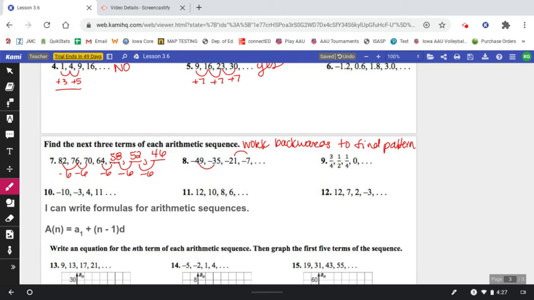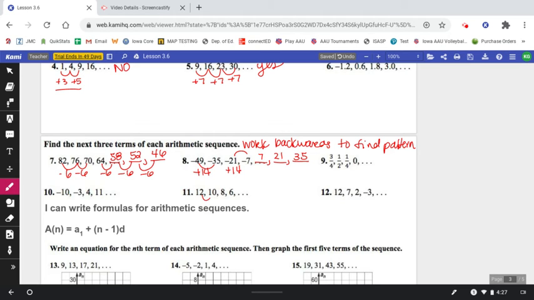So in this case, I would take negative 7 and I would minus negative 21, which gives me positive 14. And if I go ahead and check my work, negative 49 plus 14 gives me negative 35. So I'm going to plus 14 here to get 7, plus 14 again to get 21, and plus 14 again to get 35.